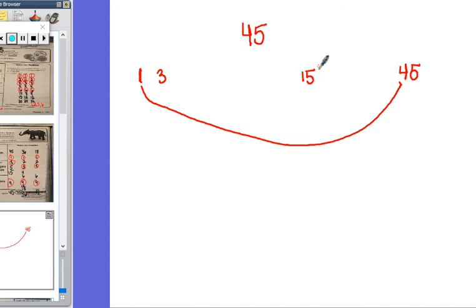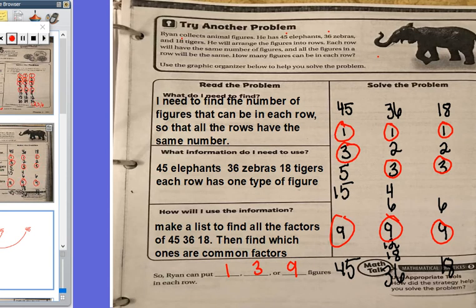And then I'll just keep going, so 4, I know that 5 times 9 is 45. I'll keep my rainbow going here. 6, 7, 8, 9, 10, 11, 12, 13, 14. So I think that's what we got.